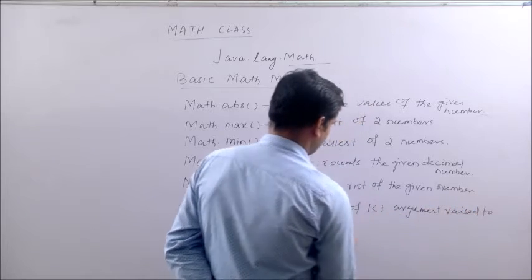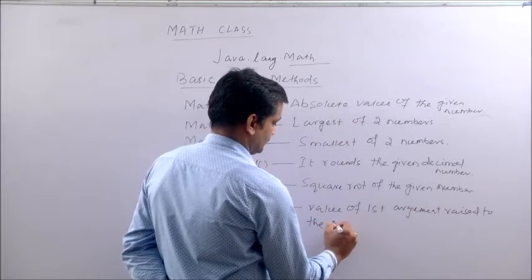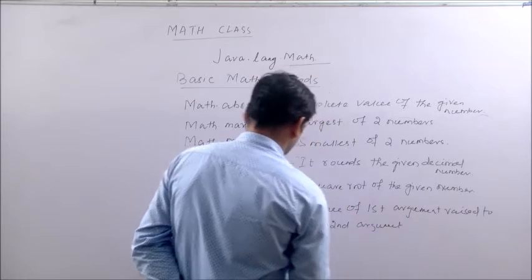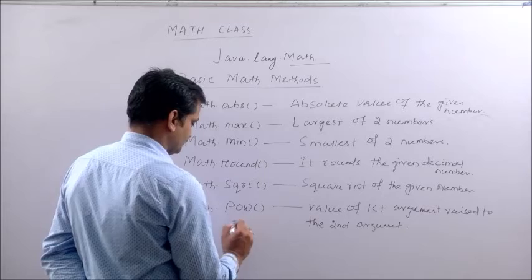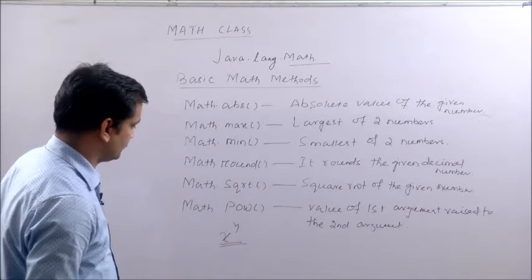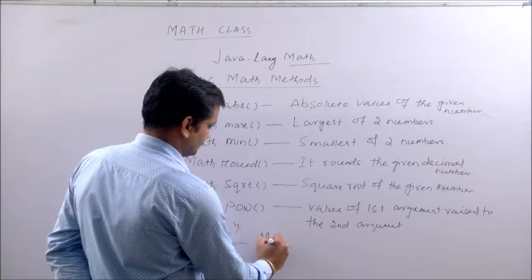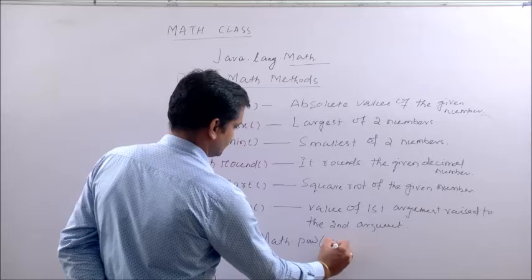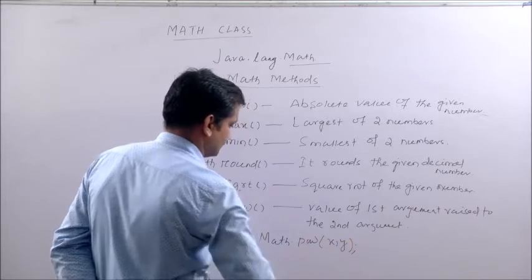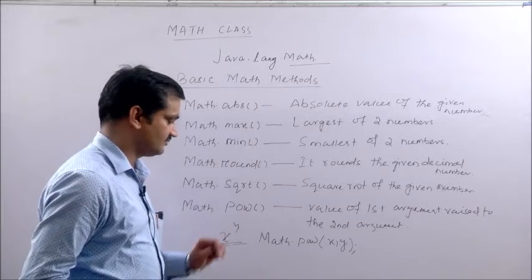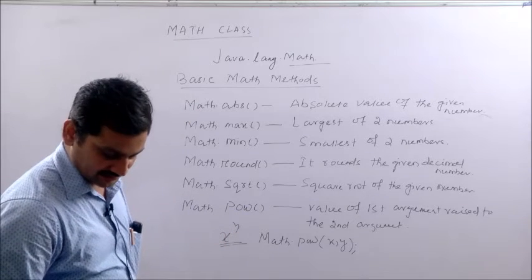For example, if I want x to the power of y, then you may use this method like this: Math.pow, where the first argument is x and the second argument is y. This will give you x to the power of y.